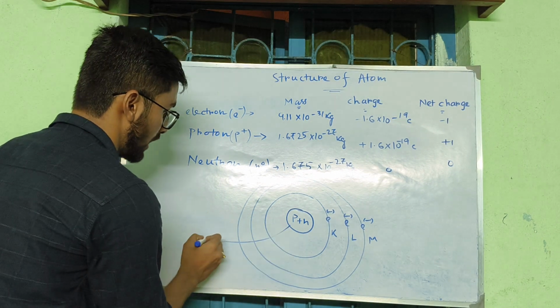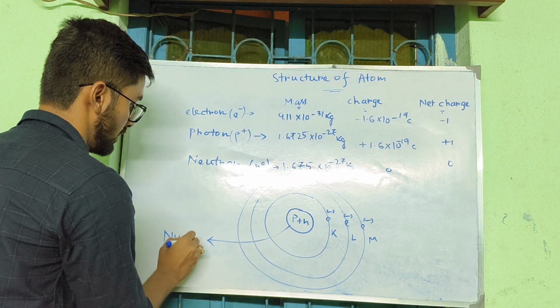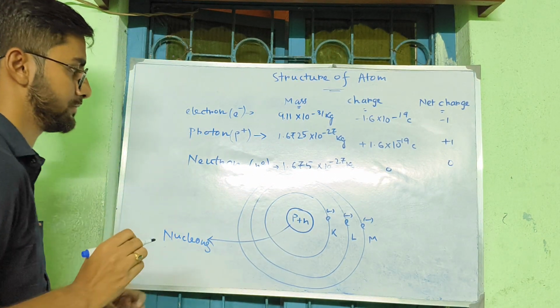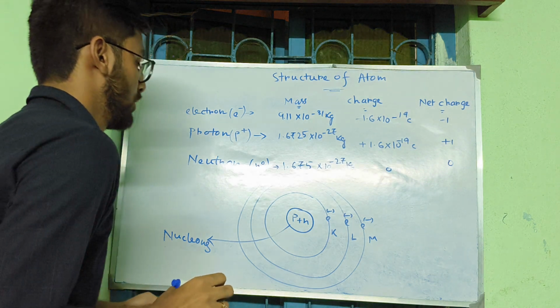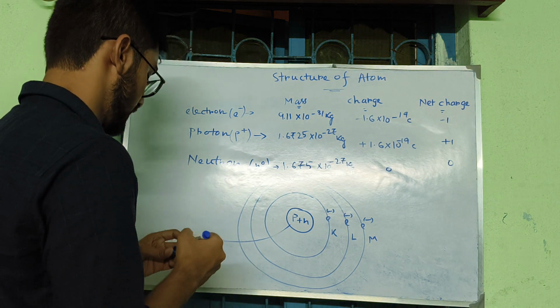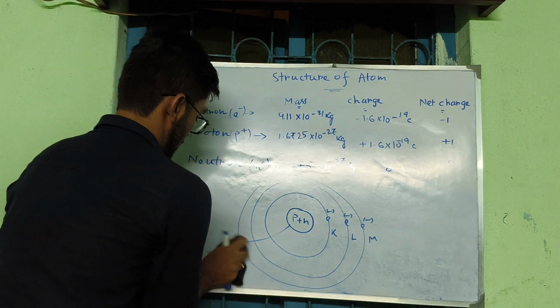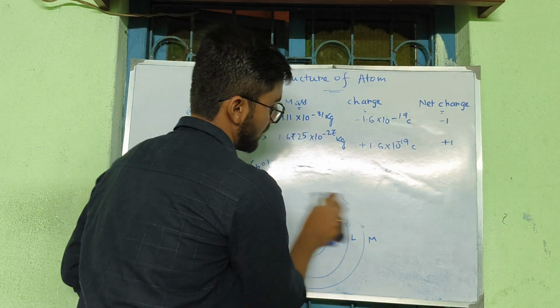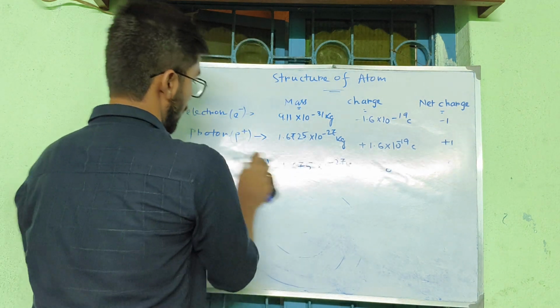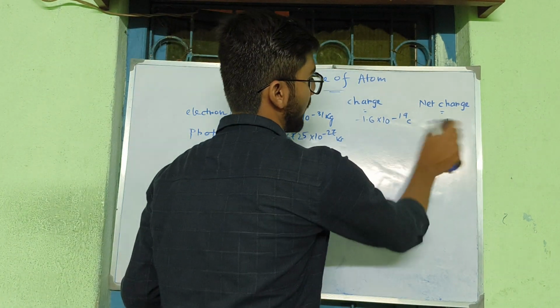And it is nucleus. So, now I can explain atomic number and mass number. What is atomic number and mass number?